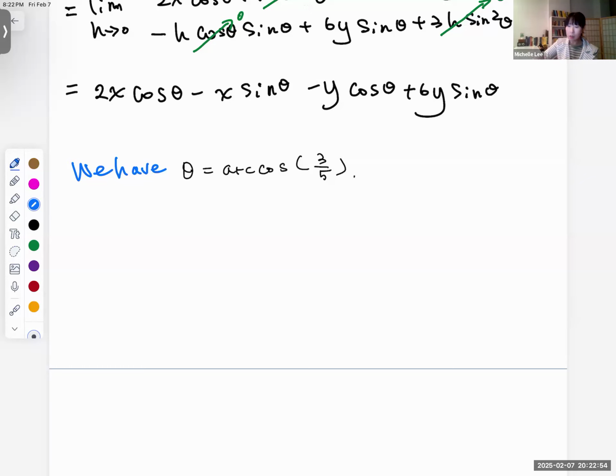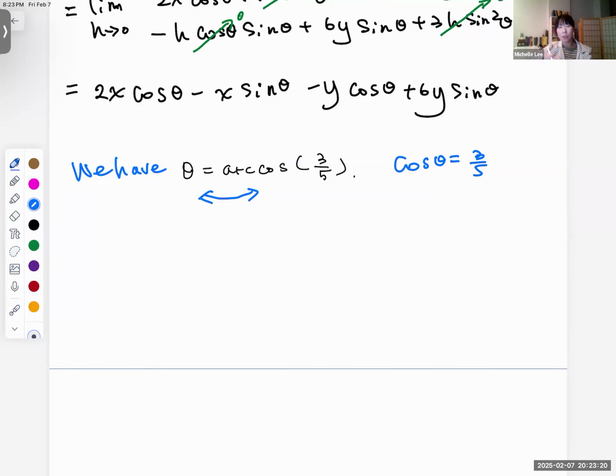Okay, then if we make cosine theta, because this is inverse of cosine, right? So we switch over. So there will be cosine theta equal to 3/5, right? Okay, then how do you find the sine theta, right? So cosine theta, which is, let's think about that.